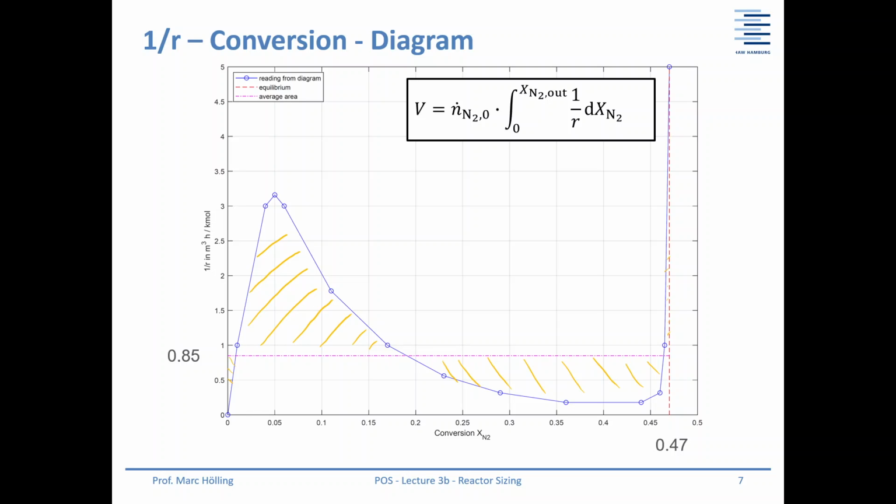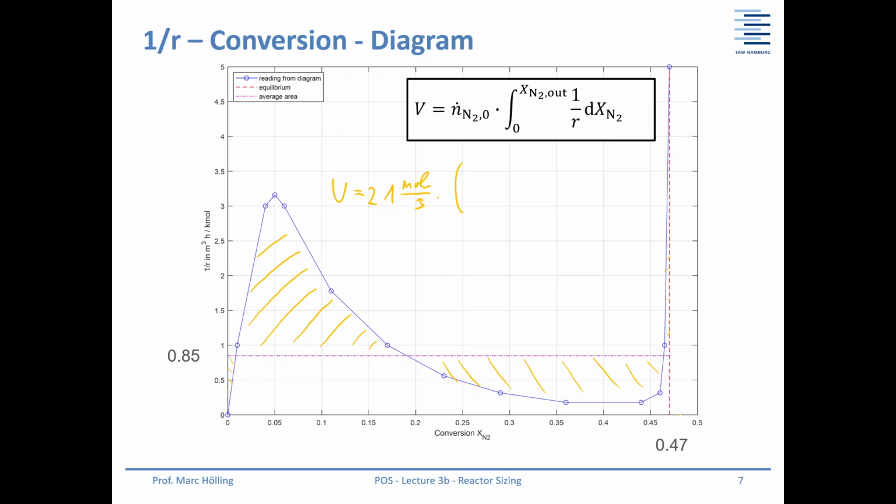and then I can very easily calculate this integral here. And for our case, this would mean, okay, our reaction volume is our mole flow, so this should be 21 mole per second times our integral. And we say, okay, this integral is the same as our rectangle.